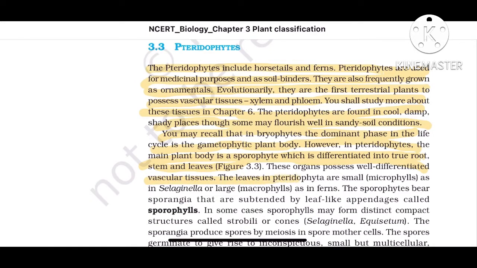The leaves in pteridophytes are small, microphylls, as in Selaginella, or large, macrophylls, as in ferns. The sporophytes bear sporangia that are subtended by leaf-like appendages called sporophylls. In some cases, sporophylls may form distinct compact structures called strobili or cones, for example in Selaginella and Equisetum.